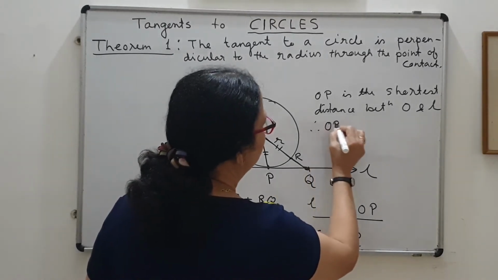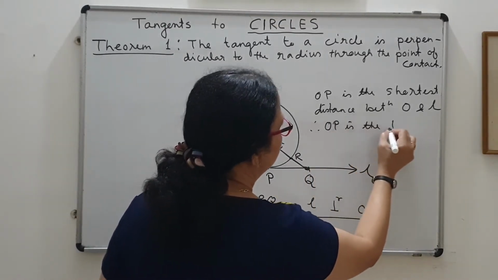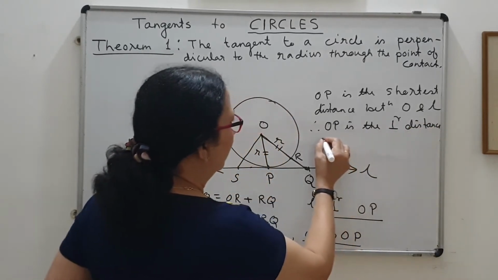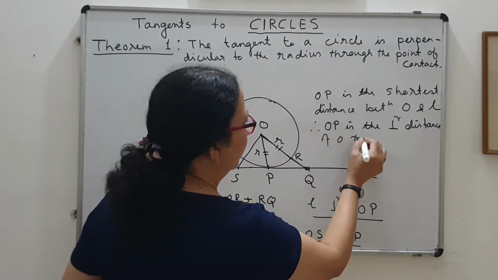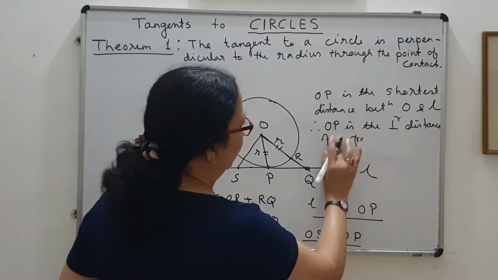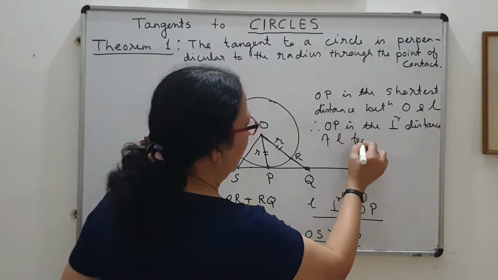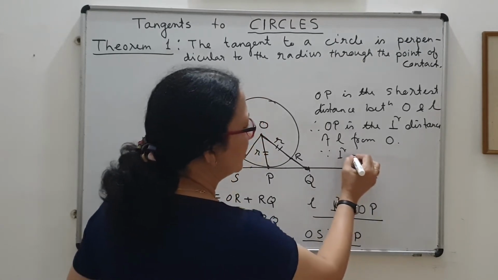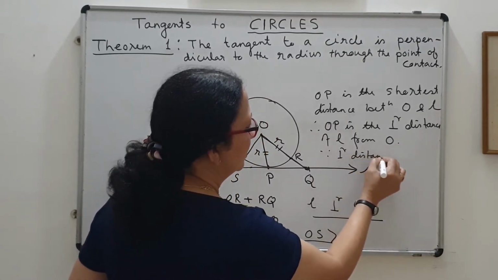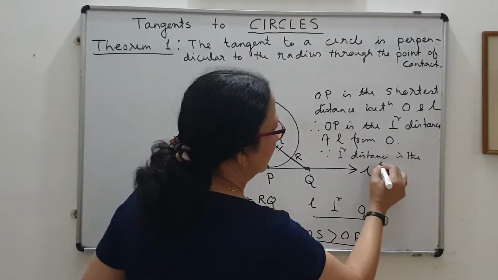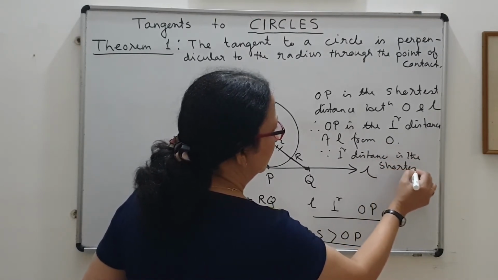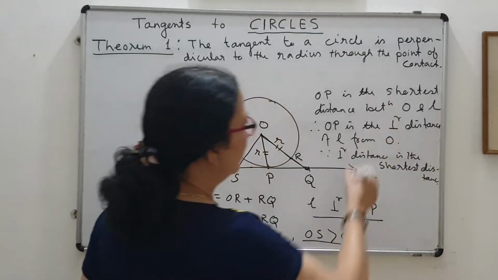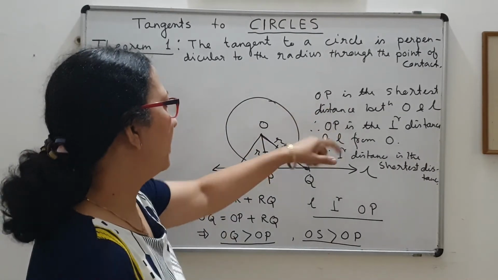Therefore, OP is the perpendicular distance of L from the center O. Since perpendicular distance is the shortest distance, by this reasoning we say it is perpendicular distance.